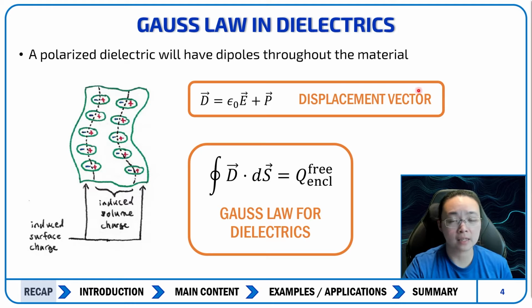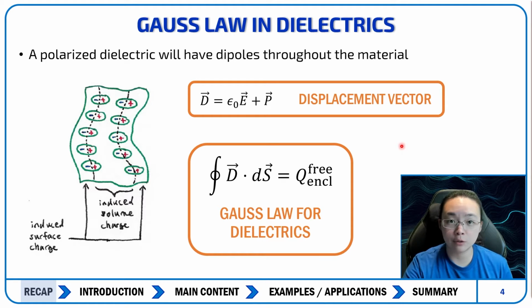It has the displacement vector D in it, which basically means how much has the polarization affected the electric field. Then you have an updated version or a slightly modified version of Gauss law where you include this displacement vector.